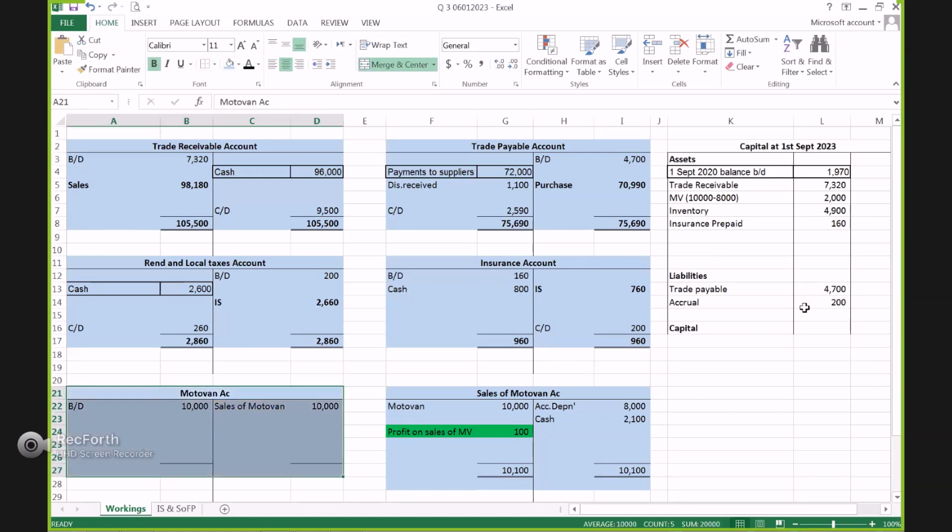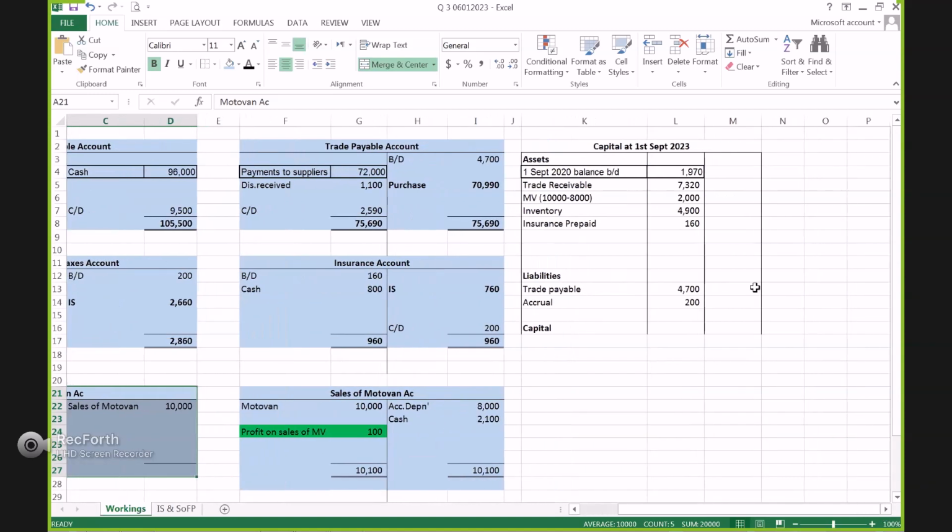So now we want to calculate the capital. The capital is the total opening assets minus total liability. Okay. So the total assets 16,350, total liability 4,900.